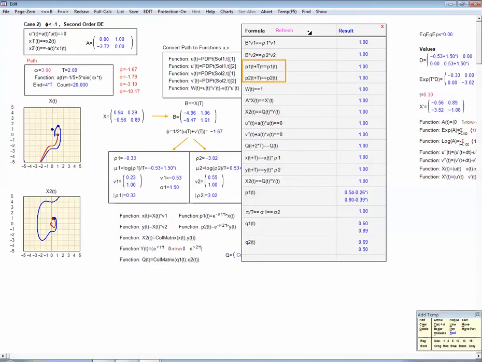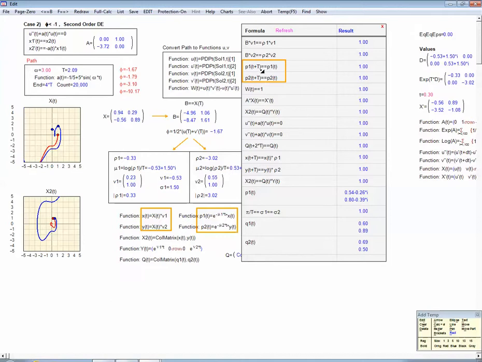Now, we generated our p's in this case the same way we did in the initial case. That is, we first generated the x's using the eigenvalues of b, and then we used those x's and e to the mu1 minus mu1 times xt to give us our p's. And that's where the problem occurs.